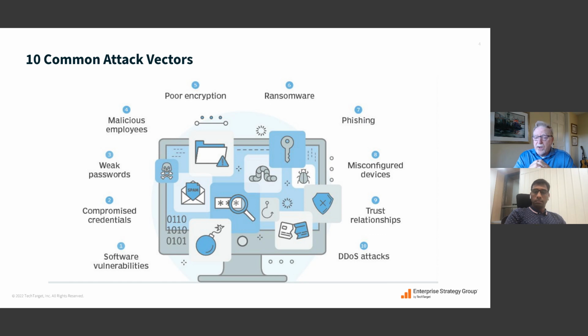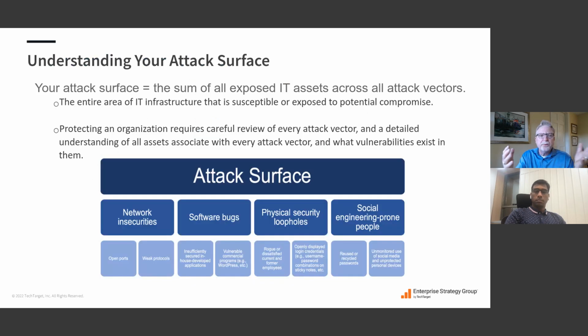What we want to do today is frame this up in the context of a broader perspective around the overall attack surface. So we think about attack vectors, we sum that all up, and your attack surface is effectively the sum of all of your exposed IT assets across all attack vectors. Attack vectors won't be precisely the same from one organization to another.